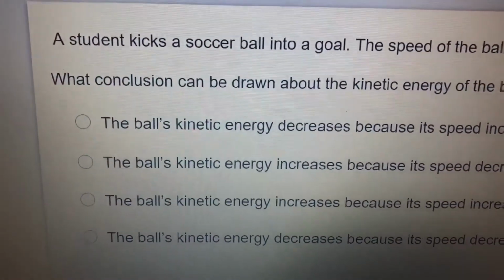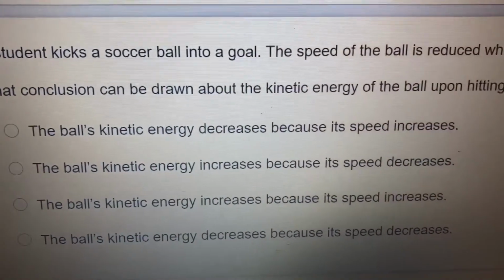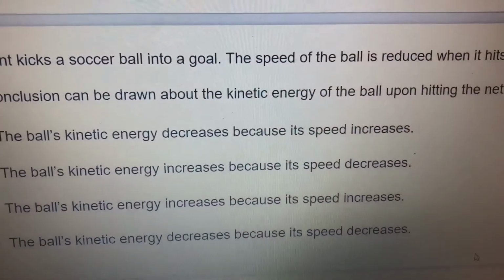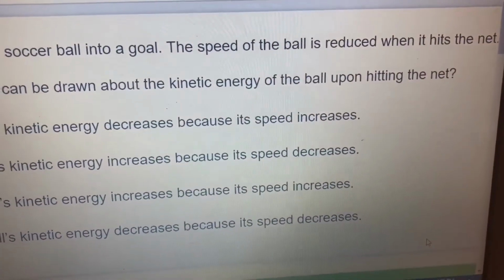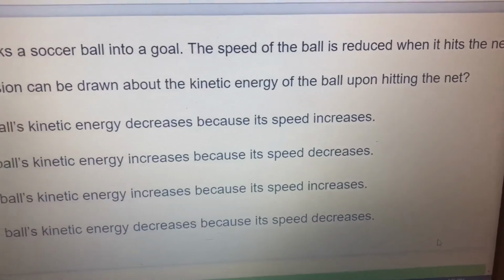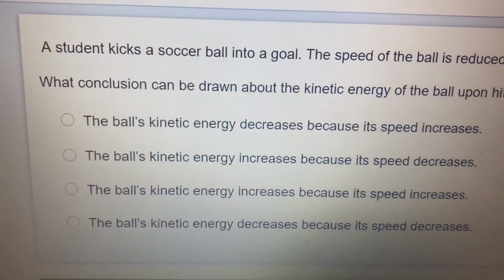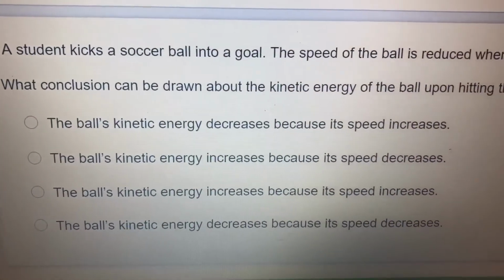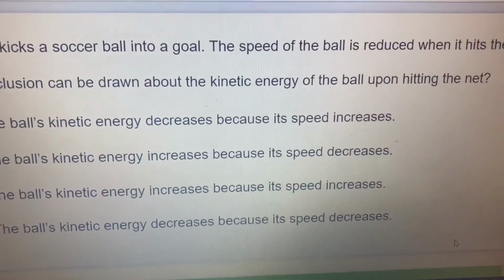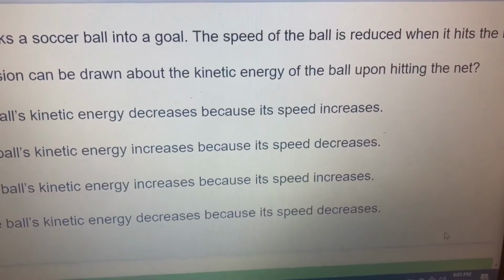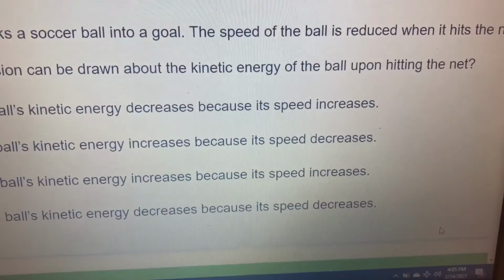So a student kicks a soccer ball into a goal. The speed of the ball is reduced when it hits the net. What conclusion can be drawn about the kinetic energy of the ball upon hitting the net?